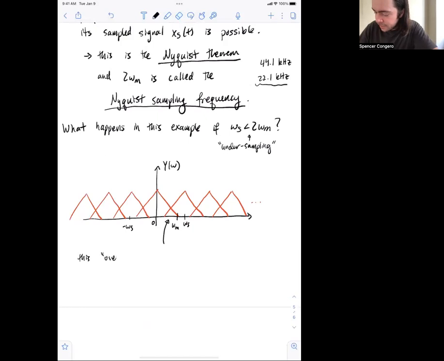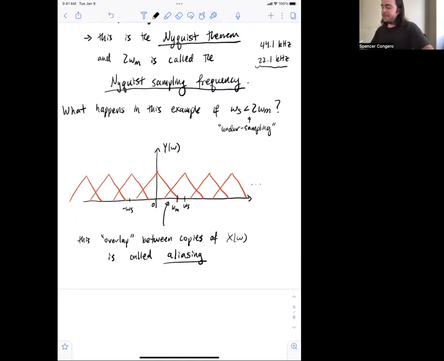This overlap between copies of x of omega is called, and this is a term you'll hear, aliasing.